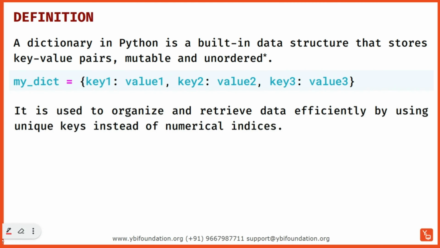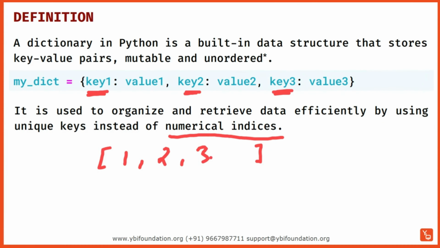It is used to organize and retrieve data efficiently by using unique keys, meaning the keys cannot be duplicated, instead of numerical indices. When we talk about numerical indices, we are talking about the list. We can create a list with square brackets, like a list of numbers 1, 2, 3, 4.